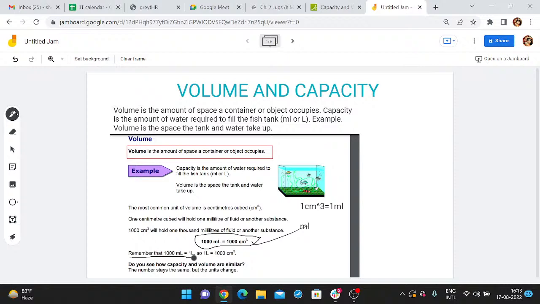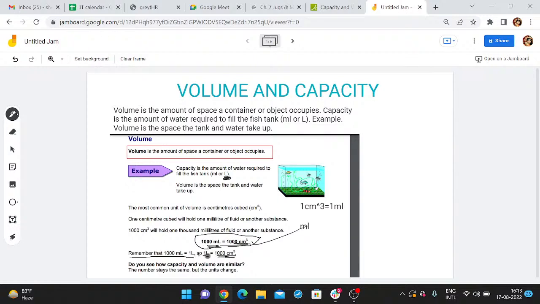So this is another conversion which we need to keep in mind, that 1 liter, if we talk about liter, is the larger unit. As I've told you ki agar hamein bade bade volume ki measurement karni ho toh liter hi kaam aata hai. Toh 1 liter aur milliliter mein kya relation hai, woh yahi hai ki 1 liter is 1000 milliliters. Okay, so 1 liter is 1000 milliliters, but 1000 milliliters is equals to 1000 centimeter cube. Toh humne yahan pe 1000 centimeter cube likh diya hai.